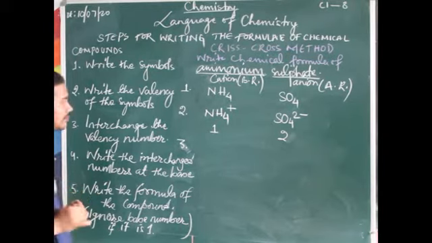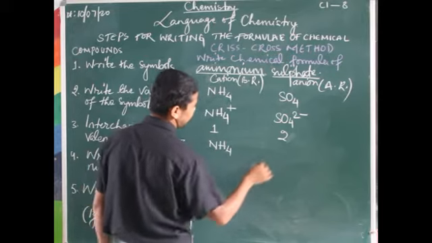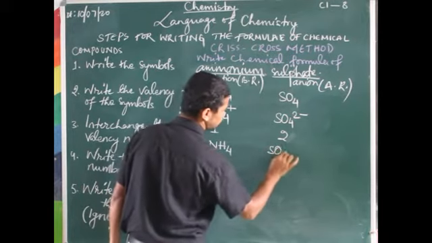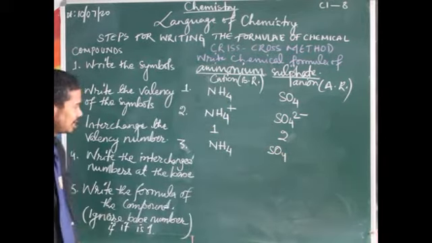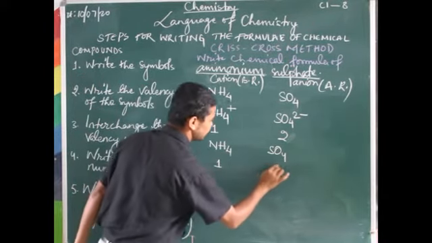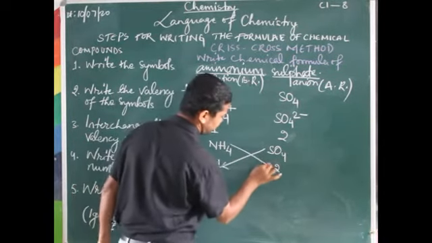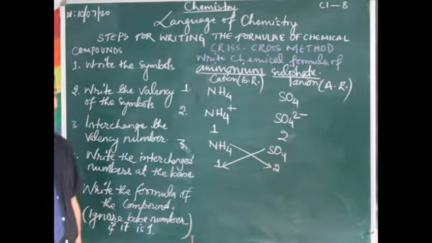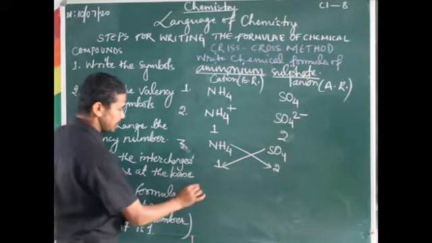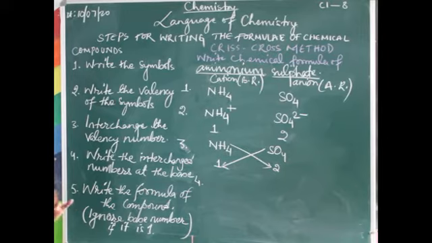Then step number 3, you will be just interchanging the valency numbers. First of all, you write the symbols without their charge, followed by your valency. Here it is 1 and here it is 2. Then interchange the valency numbers. Now, in step number 4, you will be writing the interchanged numbers at the base.